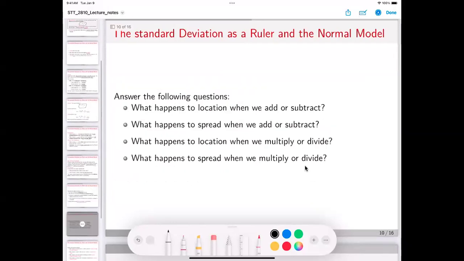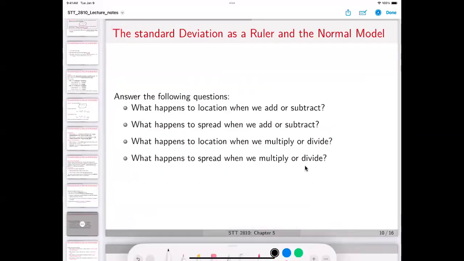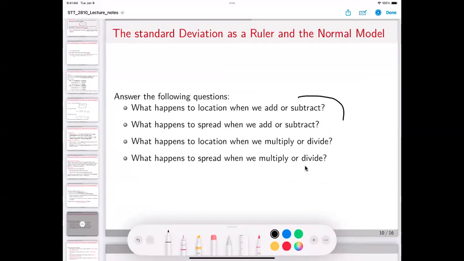Okay. I want us to be able to write this problem down. What happens to location when we subtract or add? Because I would open the Excel file, and so when you go to the Excel file, then we'll be able to answer this problem. What happens to the location when we add or subtract? What happens to the spread when we add or subtract?